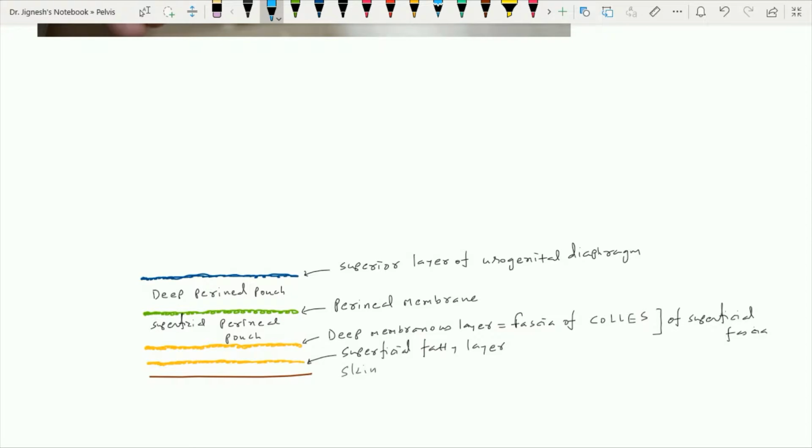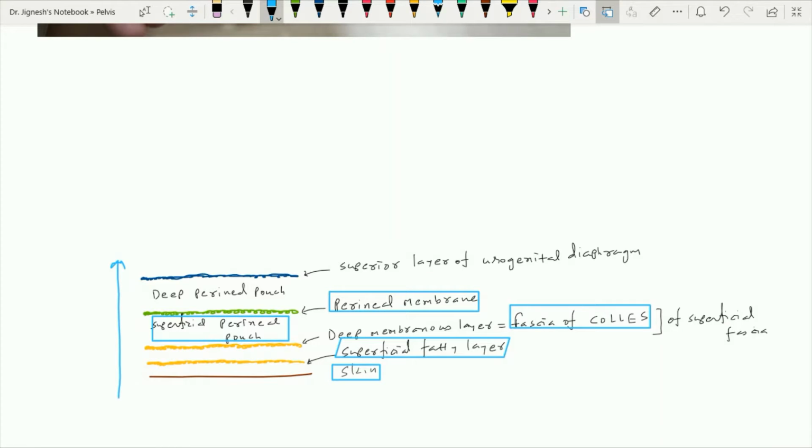For the revision point of view, when we put an incision within the urogenital triangle from superficial to deep side, we can get 7 layers, and these are the skin, then the superficial fatty layer, then the fascia of Colles, then we find the superficial perineal pouch, then the perineal membrane, then the deep perineal pouch, and then the superior layer of the urogenital diaphragm.